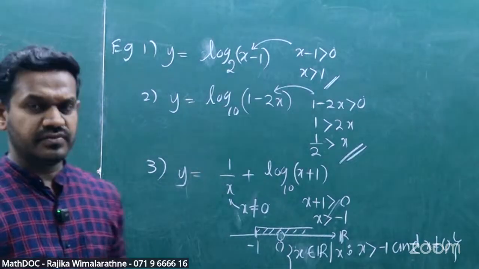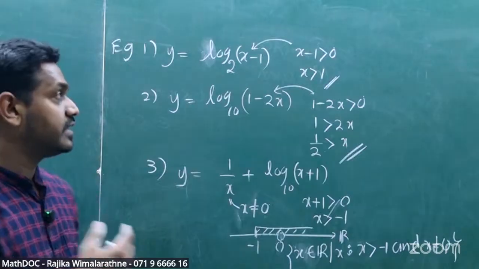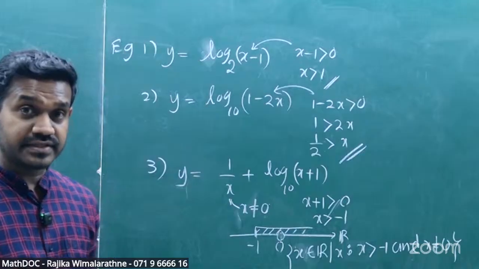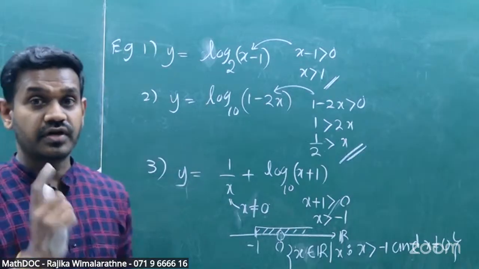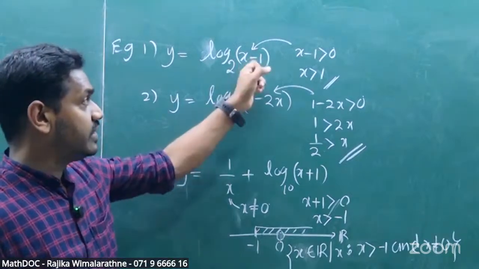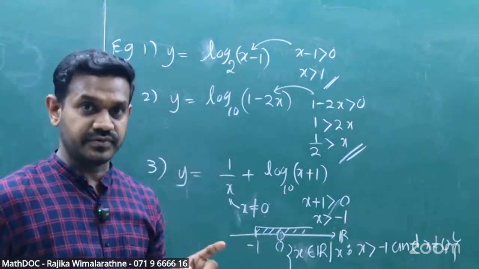Now it's the same thing as square root, but here we don't get the equal sign. For square root, we can take the equal sign, but when we have a square root in the denominator, again we neglect that equal sign. Within logarithms, all values must be positive.